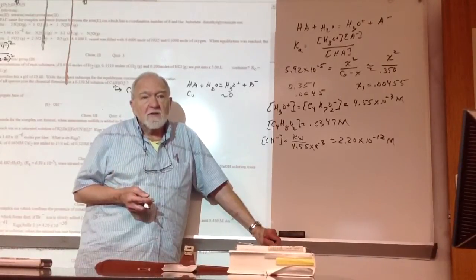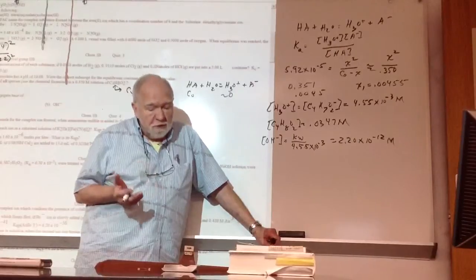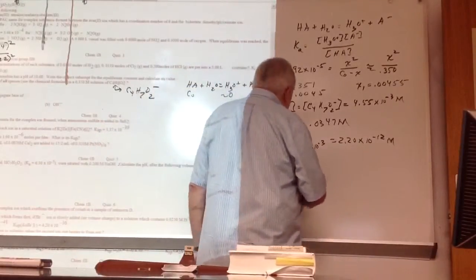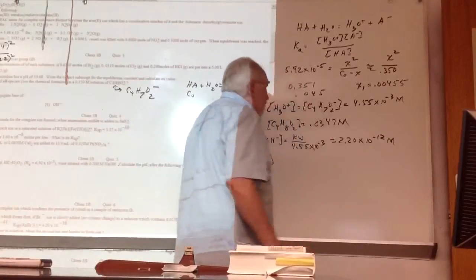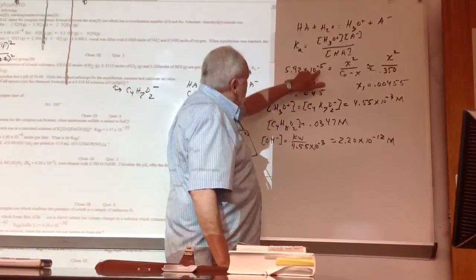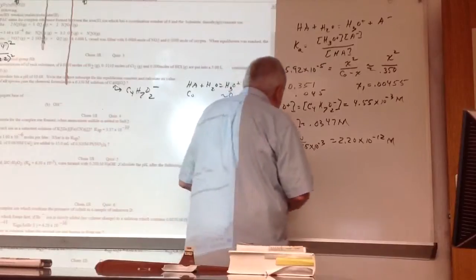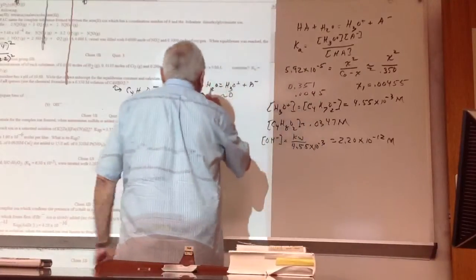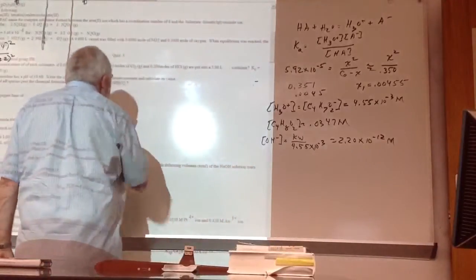Okay. In other words, it should be within 5%, and let's say this number came out to be 0.045. If K would have been like, well, let me do one. Let me just change that K and do the same problem with a different K, just to show you what happens.